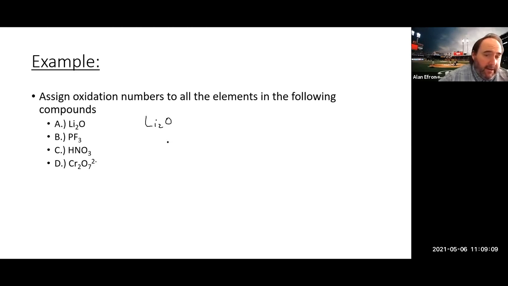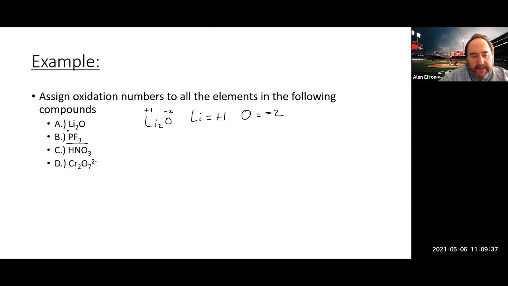The nice thing about ionic compounds is that assigning oxidation numbers usually follows our normal process of charges. Oxygen would be -2 in this case, and lithium, which is group 1, would be +1. And again, +1 times 2 is +2, and -2 equals 0. So lithium here is +1, oxygen is -2, like you might expect.